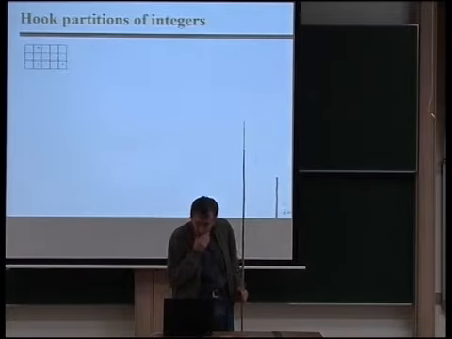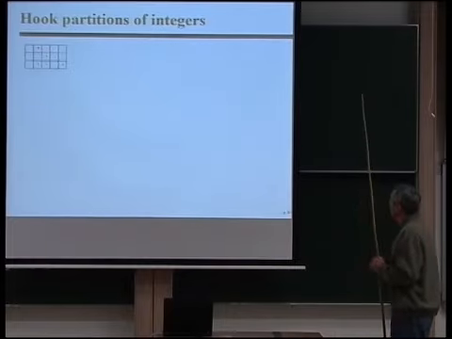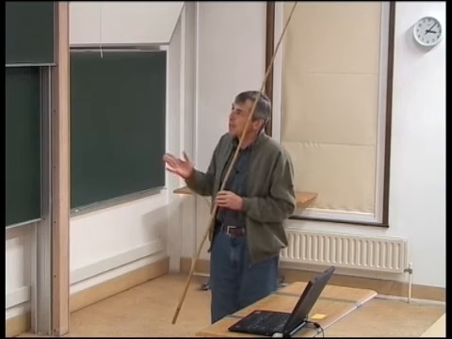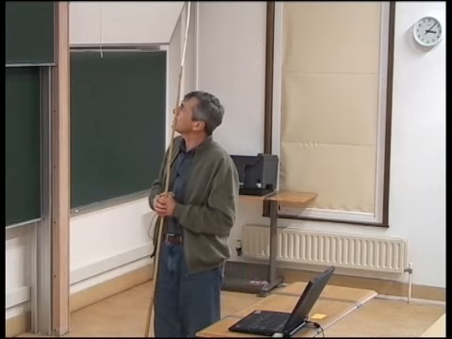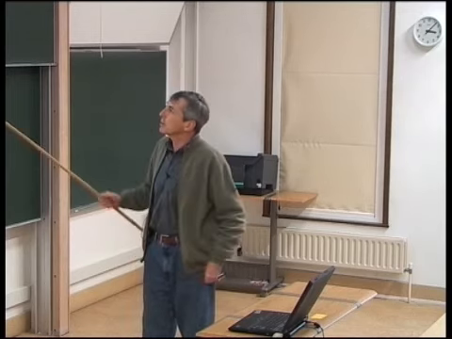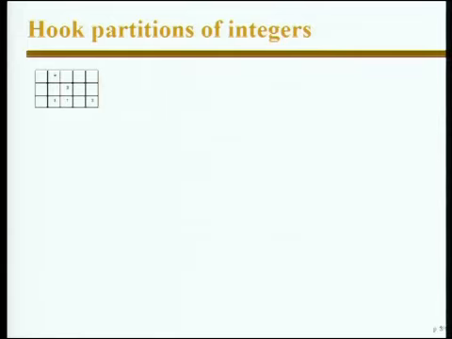Now let us talk about something else, which I call hook partitions of integers. I cooked up that name myself, but maybe another name for that is known. What that is: now we have a rectangular box, and again we put some integers into that. Zeros are not listed, others are listed here. And then we now interpret every box as a hook.